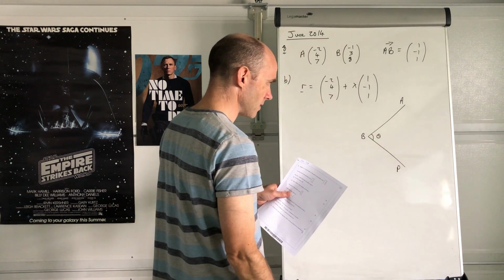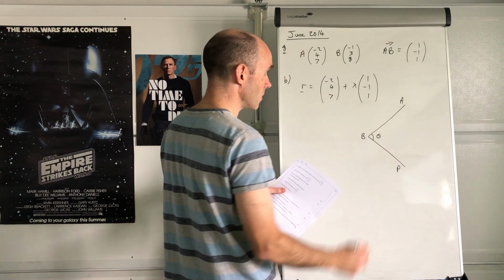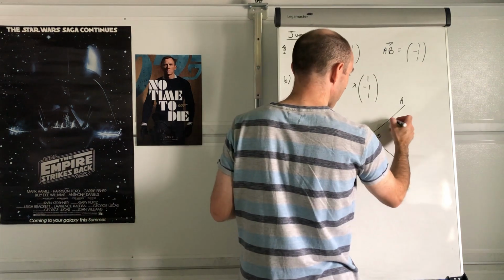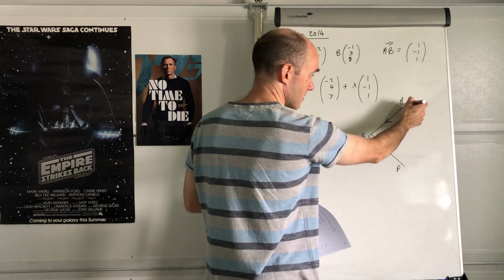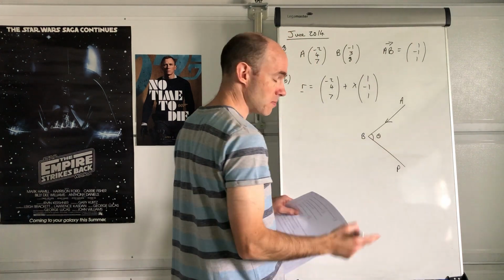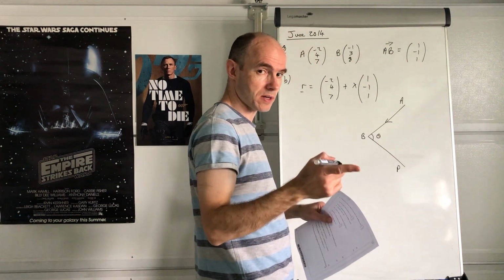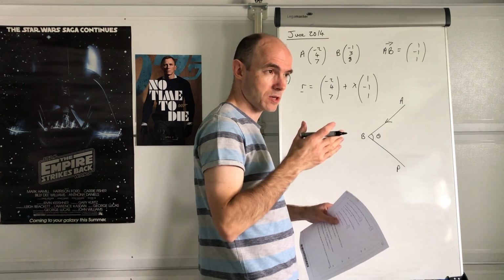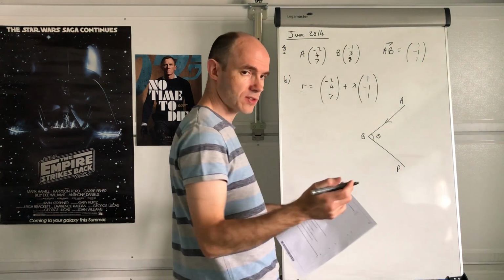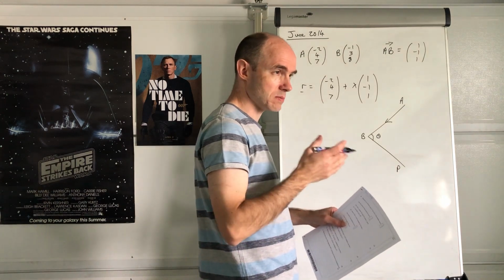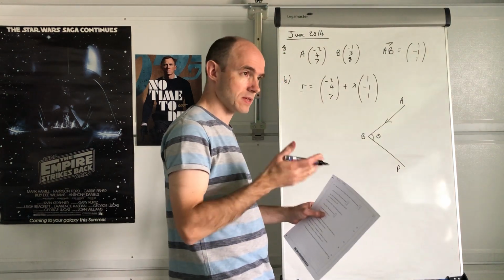Okay, now in terms of what we know, we've got AB is that then, isn't it? A to B is that direction. Now, remember what I said about scalar products, okay, and acute angles and obtuse angles? Because cos theta is a third, that means theta must be between 0 and 90 degrees. It's an acute angle.